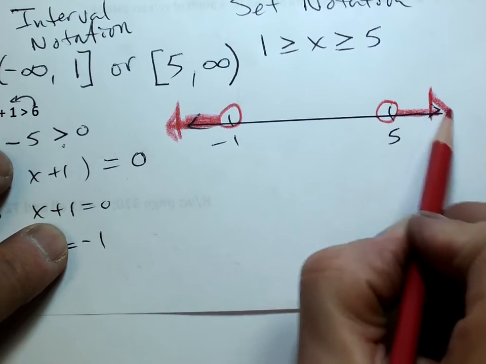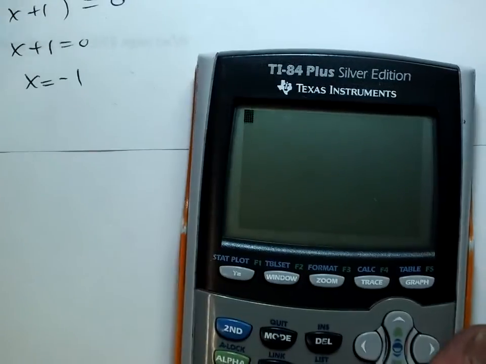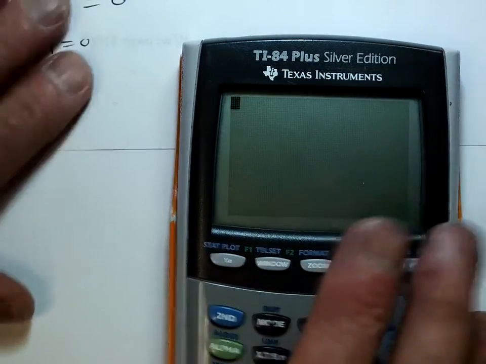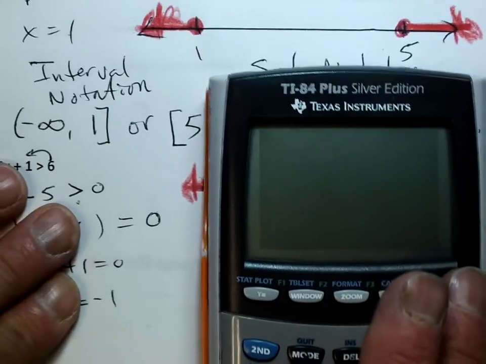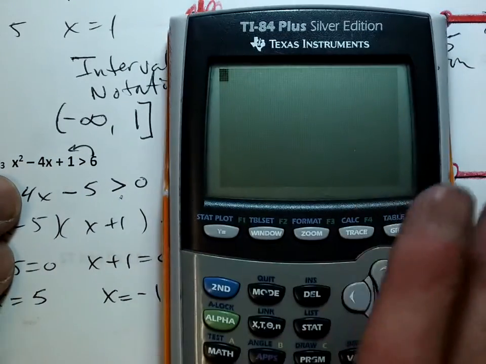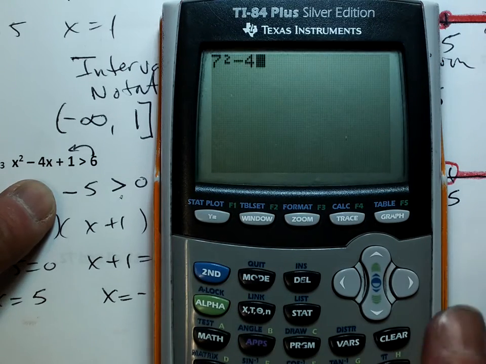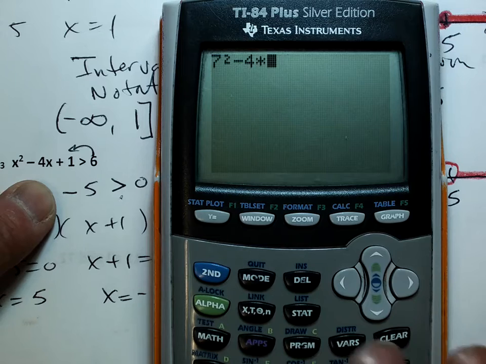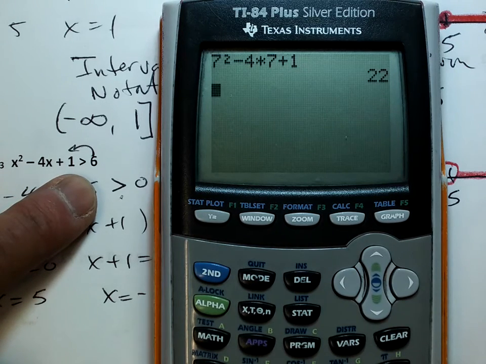We can test it. So I'm going to test it real quick on my calculator. If I were to plug in, say, 7. Let me plug 7 into my equation. Can you see it? So if I go 7 squared minus 4 times 7 plus 1, will that be greater than 6?